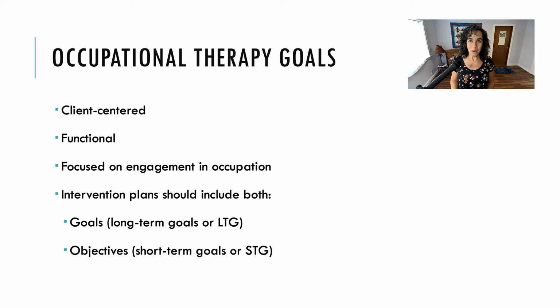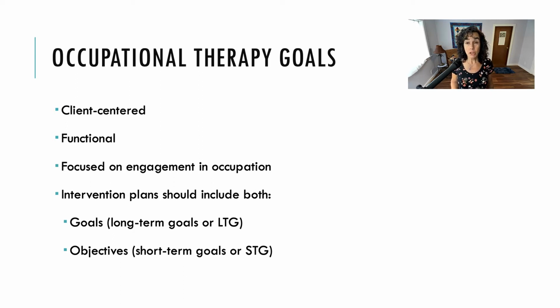Occupational therapy goals have some common features regardless of what population you're writing for. They are client-centered. They are functional, so they're actually based on skills that we want the client to demonstrate. They're focused on engagement in occupation, so we would likely not write a goal about, say, therapeutic exercise or participating in physical agent modalities, things like that.